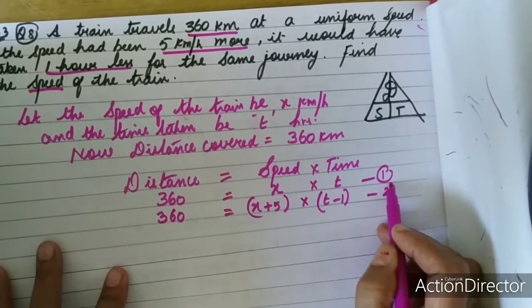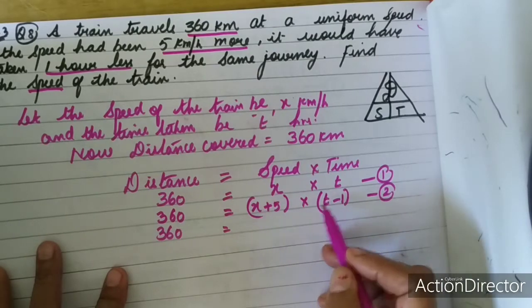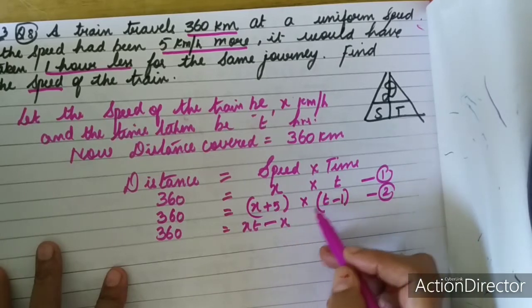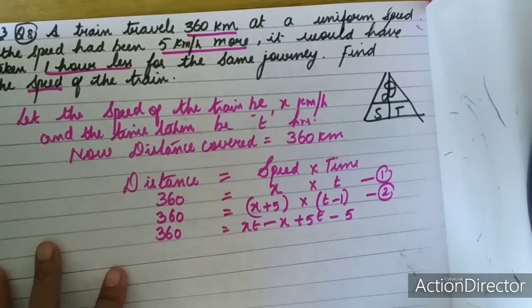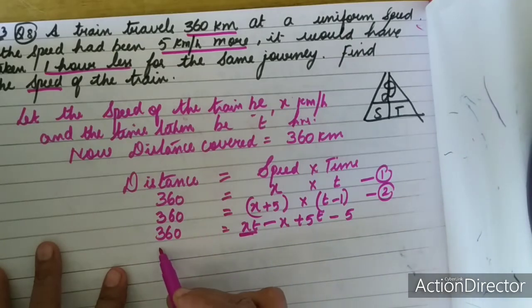This is second equation. Let me simplify the second equation now. So x into t will be xt and x into minus 1 will be minus x. 5 into t will be 5t and 5 into minus 1 will be minus 5. Since from the first equation I know the value of xt, I am going to replace it.